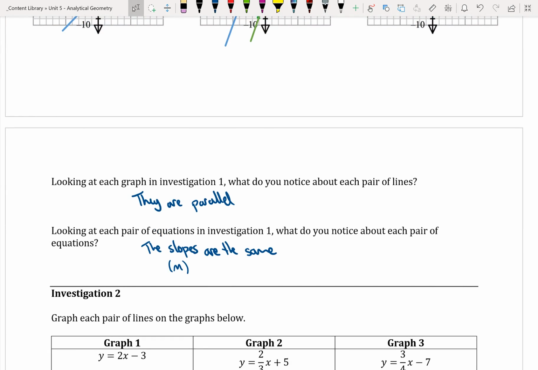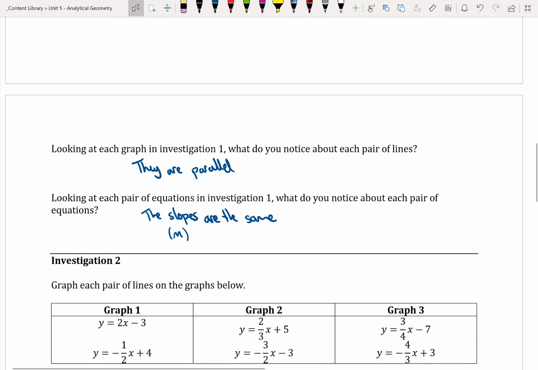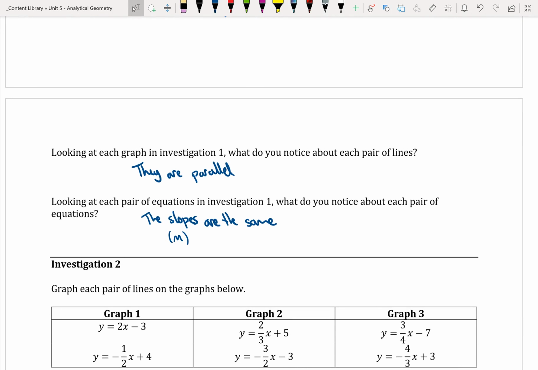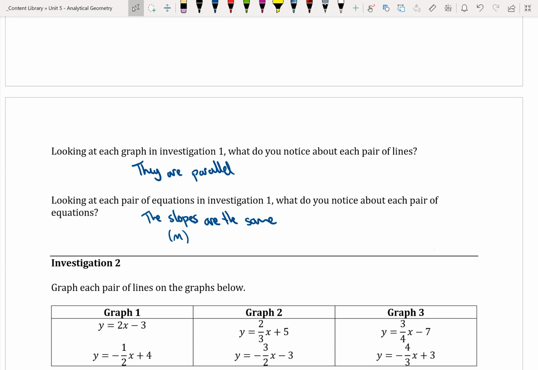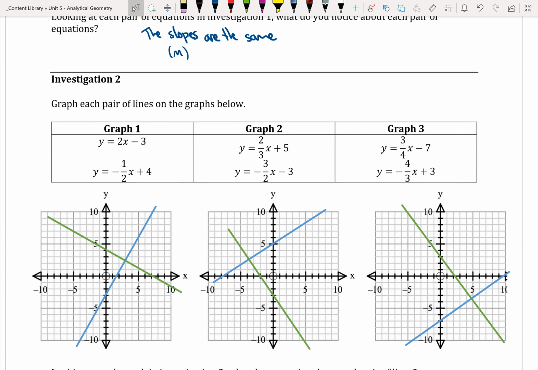In investigation 2, we're going to look at 3 more pairs of lines. We can see them below. And what we're going to do is graph these and see what we recognize about the lines. And when we do that, this is what our result should be. What we should notice is that, first, these are not parallel lines because they're clearly crossing.